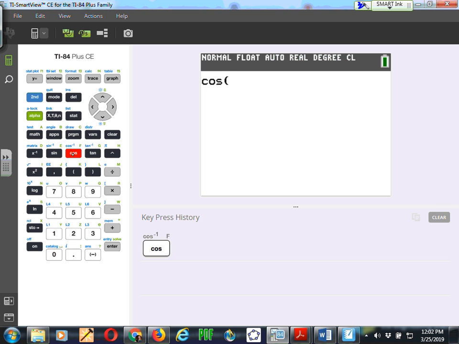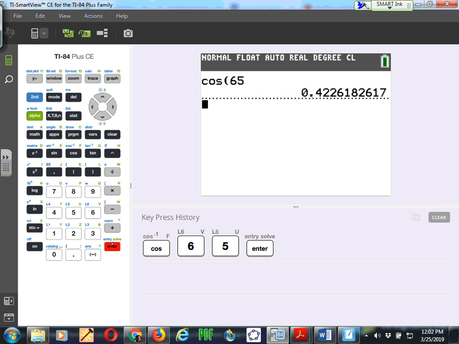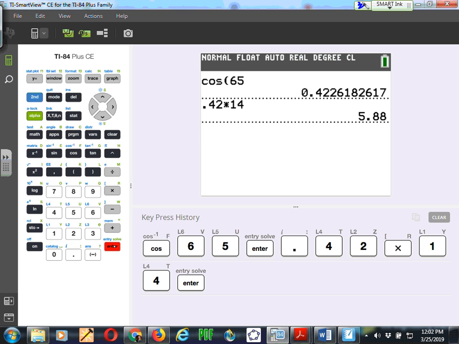Let me take the cosine of 65 and get that answer. And then they say, okay, that's about 0.42. And so then they say, let's take 0.42 times 14. And they get 5.88. Now, what's wrong with that? I rounded unnecessarily.